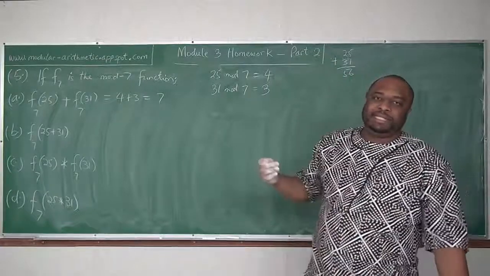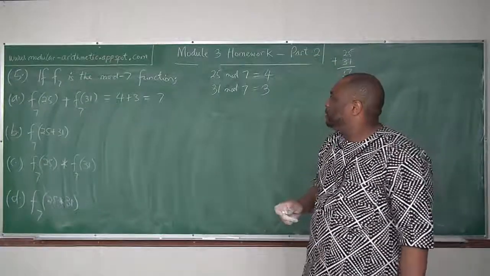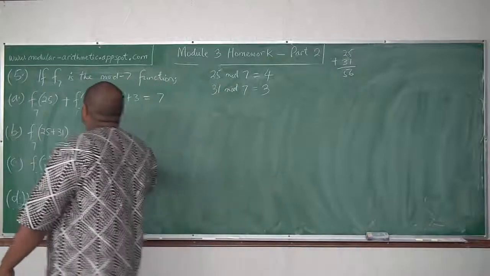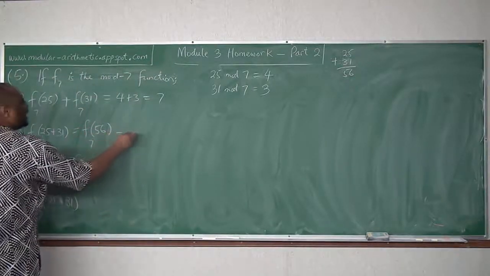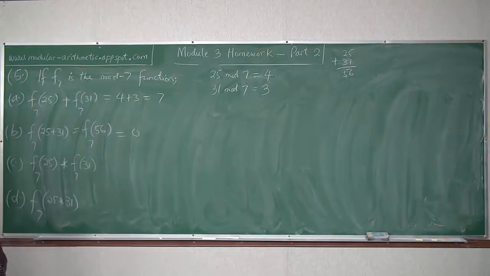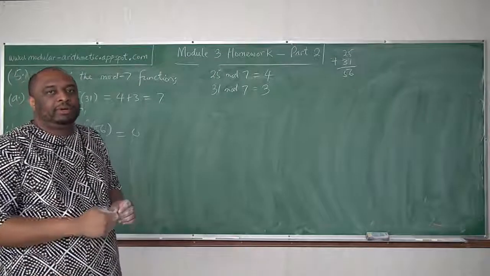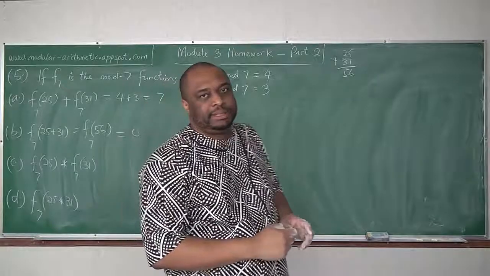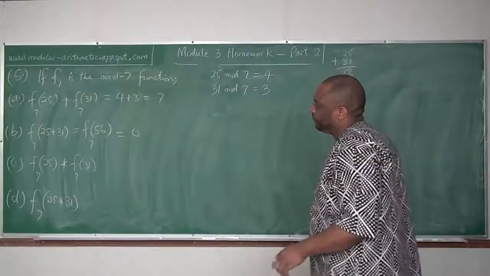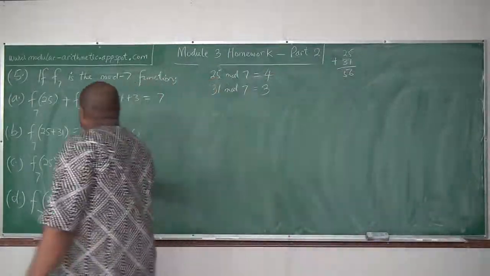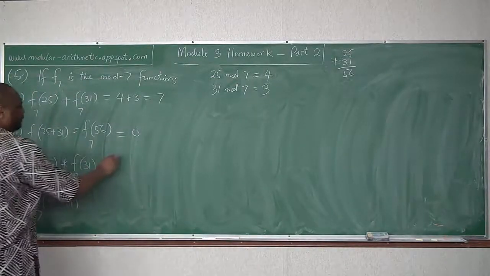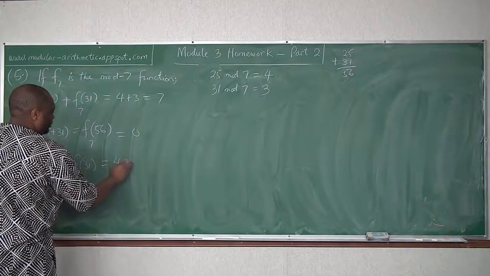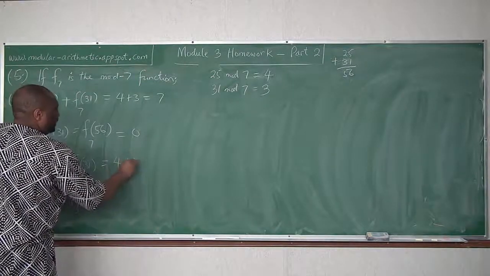And 56 is 7 times 8, so actually this is just 56 mod 7, and that is 0, because it's a multiple. 7 times 8 is 56. So that is 0. And this C part will be 4 times 3, which is 12.